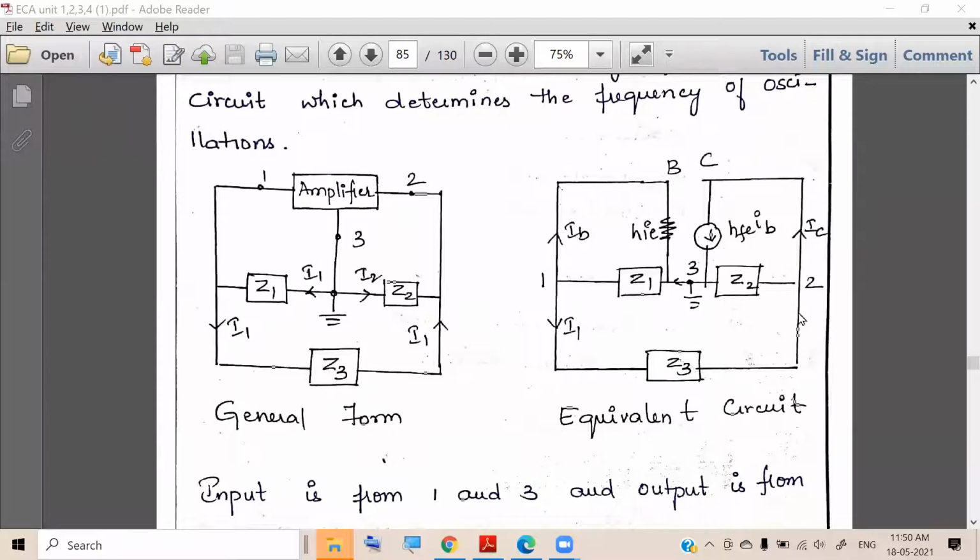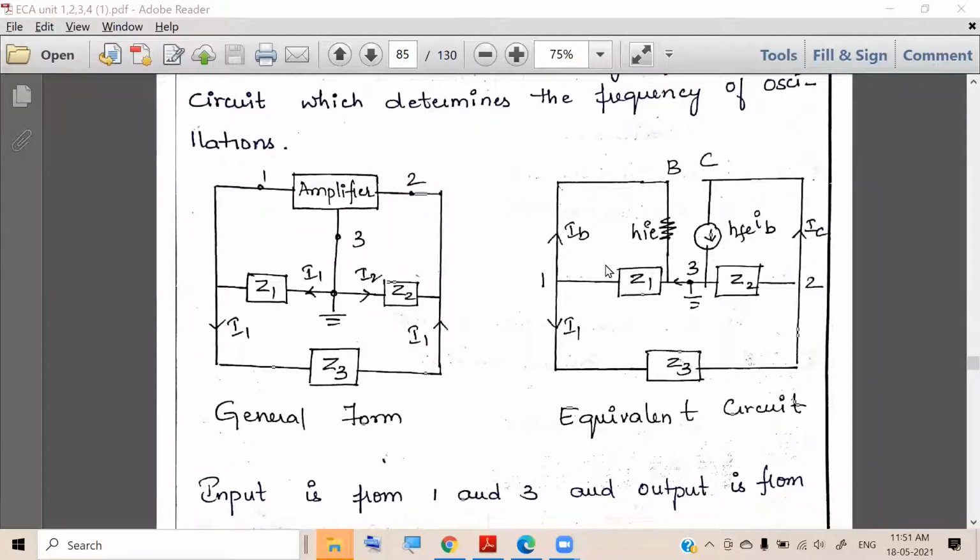In this other path, between 2 and 3, we have Z3 and the parallel combination of HIE and Z1, which we already named Z dash. So from 2 to 3, in this path we have Z2, whereas in this path we have Z3 plus Z dash.